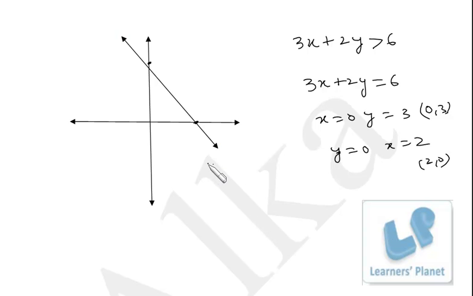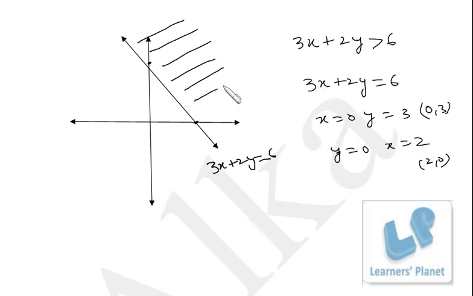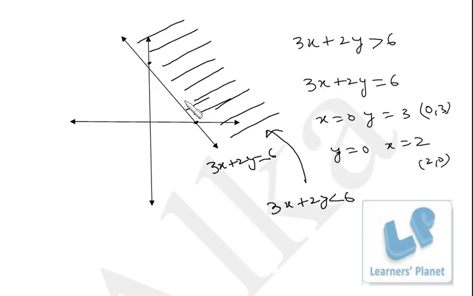Now this is the line of 3x plus 2y is equal to 6, right? So the region above this line, this side, will show 3x plus 2y greater than 6, and the below region starts immediately after this line.